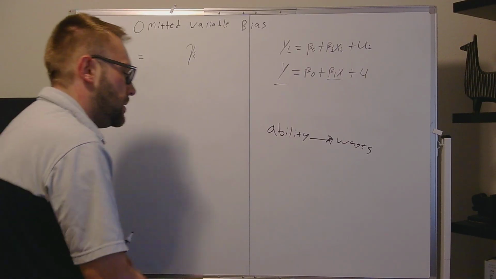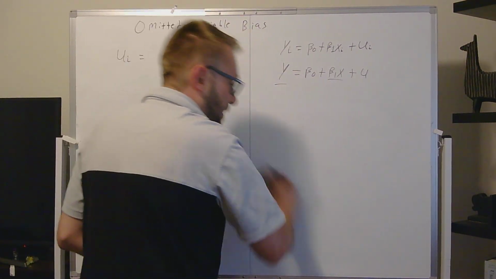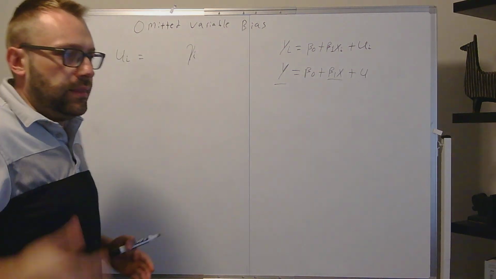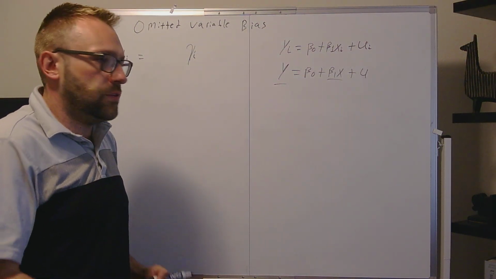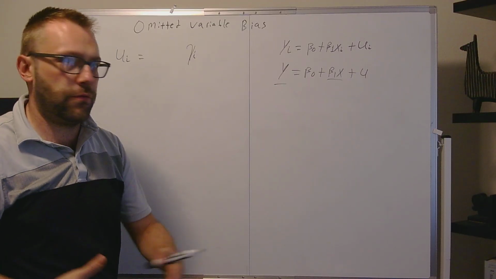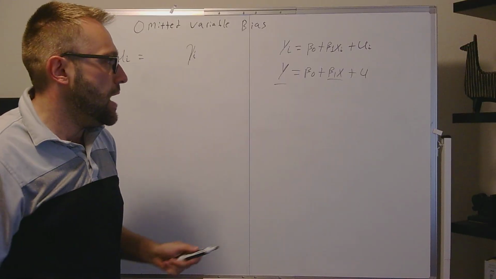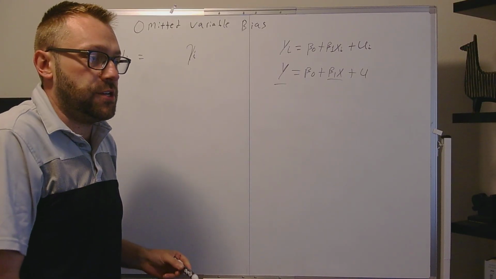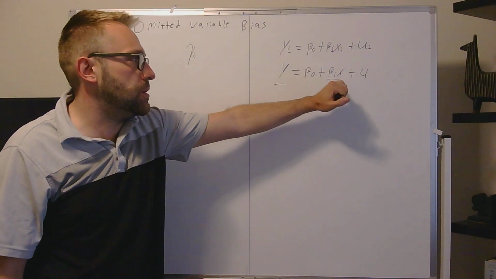So maybe it's not ability, maybe it's like business networking, where you grow up in a well-to-do family and they know people from your well-to-do neighborhood, and so you have those connections, and that has nothing to do with education. We don't care about that if we're trying to create a regression about education.